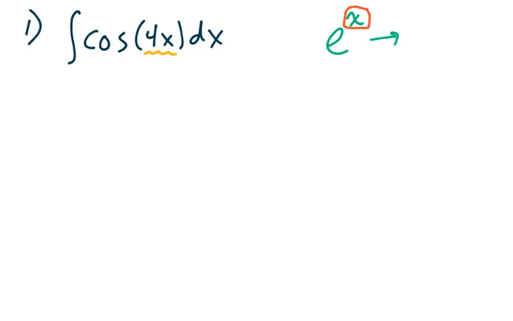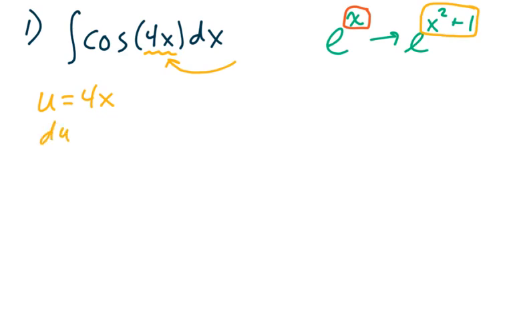For example, if you had e to the x squared plus 1, the inner function would probably be the x squared plus 1. So similarly, when you're in trig mode, usually the inner function is what's inside of the trig expression. So here, I would say 4x is our inner function. So let's call that u. U equals 4x.